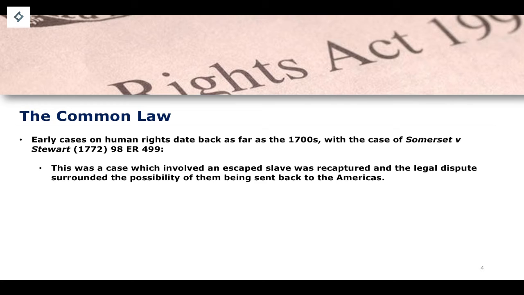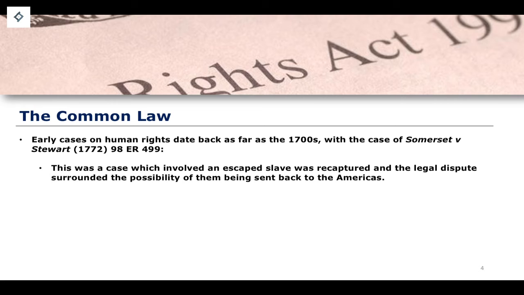So this was a period where we are still seeing the heights of the Atlantic slave trade, and we are seeing the impact of slavery throughout the British Empire and the colonialism that existed in the Americas. And bear in mind that this is even before the founding of America. We see the founding of America literally a few years after this case.